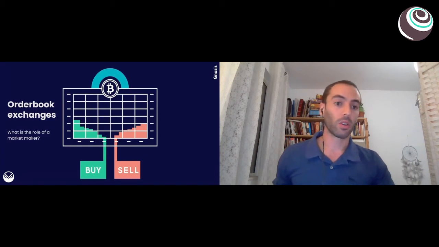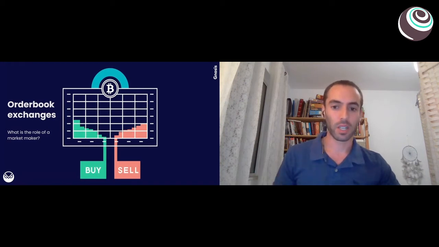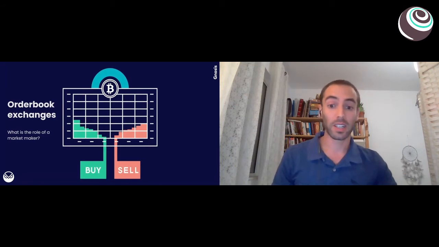So if we talk about order book exchanges in the angle of decentralized exchanges, one of the earliest attempts at building such an exchange was Oasis Dex by Maker, and they took kind of a naive approach and were trying to replicate a traditional order book exchange, but they did it all on chain, and it turned out to be a little bit costly and high friction for market makers to try and make the book liquid, because they had to pay for transaction cost every time they wanted to update the order book.